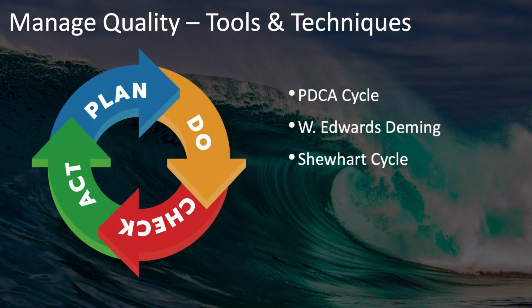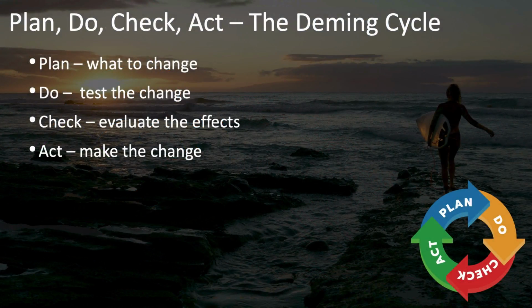One of the more famous quality improvement models is the Plan, Do, Check, Act cycle, or PDCA cycle. This is often referred to as the Deming cycle, but it was actually attributed by Deming to Shewhart. The PDCA cycle is applied to a process that you want to improve.